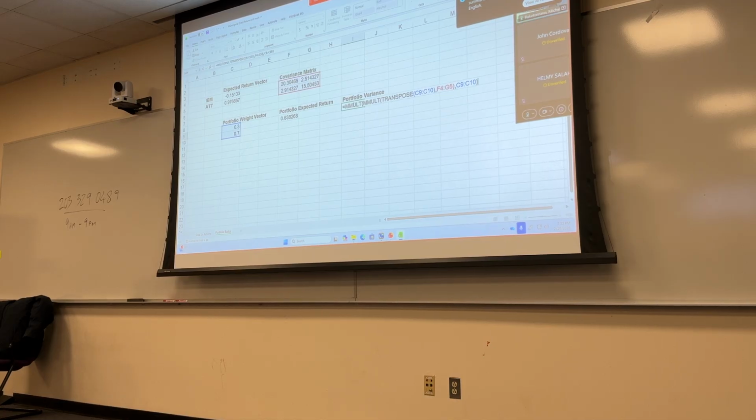So basically, for 2 stocks, you have 3 terms.